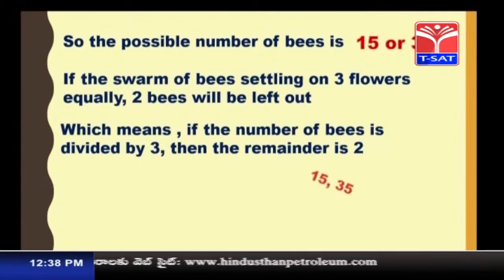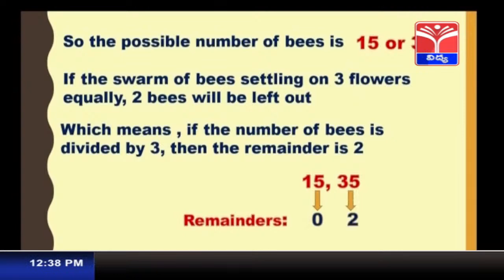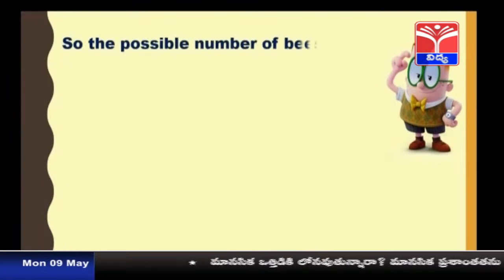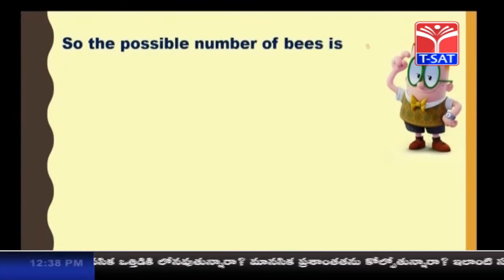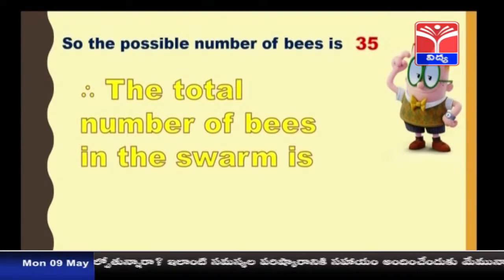So 15 divided by 3 gives remainder 0, and 35 divided by 3 gives remainder 2. We need remainder 2, which comes for 35. Therefore, we can conclude that the total number of bees in the swarm is 35.